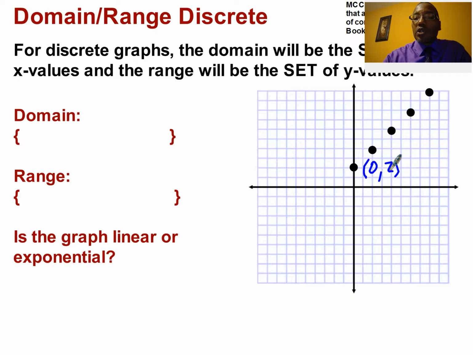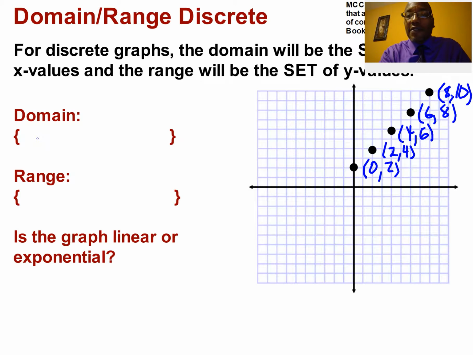So 0, 2, 2, 4, 4, 6, 6, 8, and 8, 10. The domain would be all of the x values for those sets of dots. So the x values are 0, 2, 4, 6, 8.